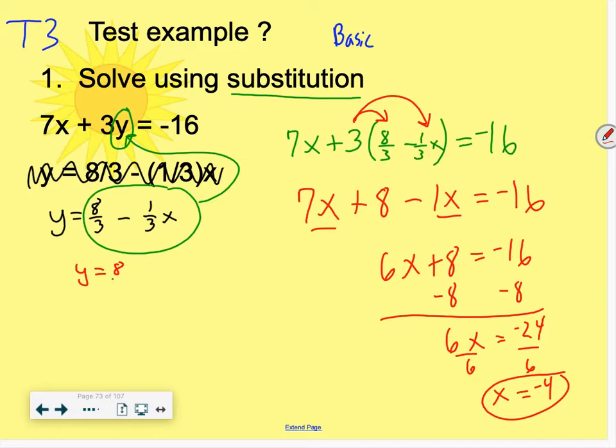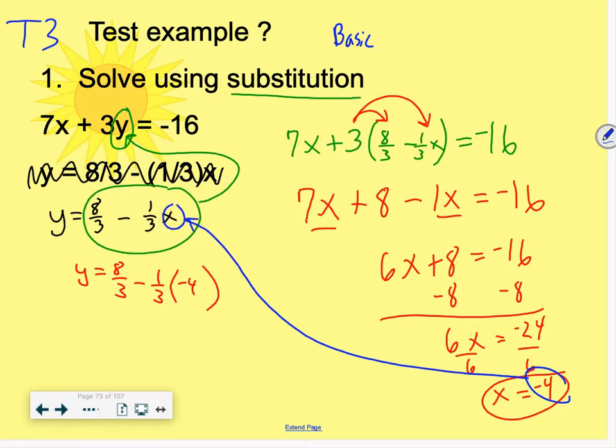So to find y, I'm going to substitute the answer I just got in place of x in one of the equations. So I chose this one because it tells me how to find y. So I take 8/3 and I subtract 1/3 of -4.